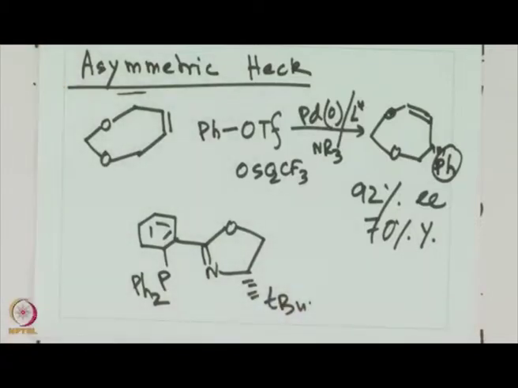In this reaction, what you have seen is that we started with a cyclic internal olefin. There is an alpha carbon with respect to the olefin, which has a CH2 unit.